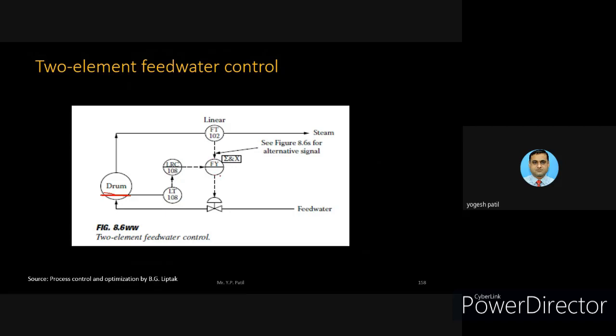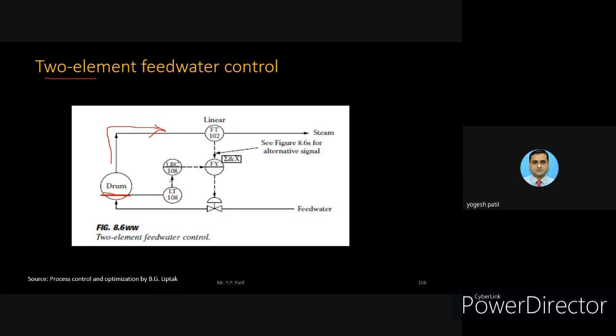To incorporate this cascade arrangement, it can be seen that this is the outlet of the boiler where the steam is generated, and in 2 element control we are only considering 2 parameters. One is the flow of the steam, and the second is the level of the drum. So the two elements are the level of the drum and the flow of the outlet steam. This cascade arrangement is called the two element control arrangement.